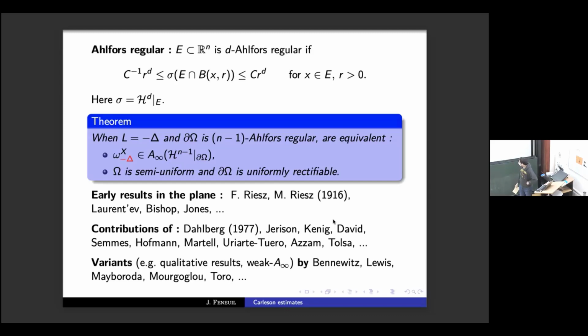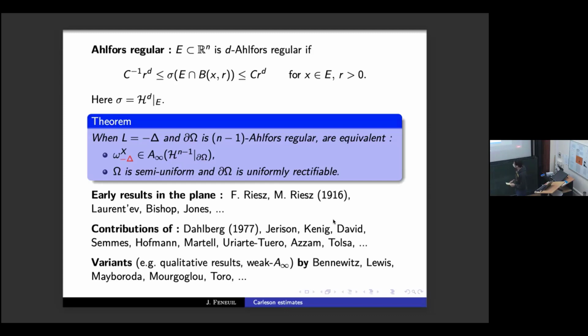The final condition is a combination of the work of many people that you see on the list, and I don't want to be mistaken, so I will not say it. But I think it's Hofmann, Martell, Uriarte-Tuero, Azzam, and Tolsa, more or less. Sorry.